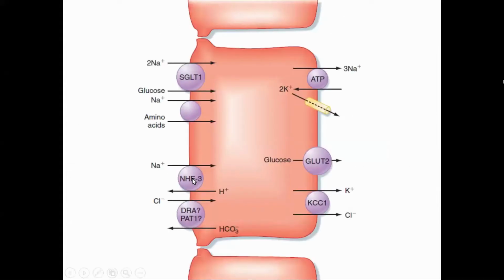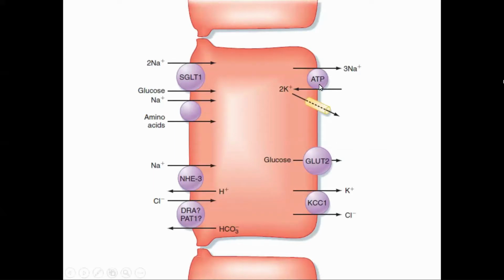There is sodium glucose co-transport, sodium amino acid co-transport, and sodium hydrogen exchange. Sodium hydrogen exchange is also a type of primary active transport, the sodium hydrogen ATPase. And after sodium goes inside, it is pumped through the sodium potassium pump.